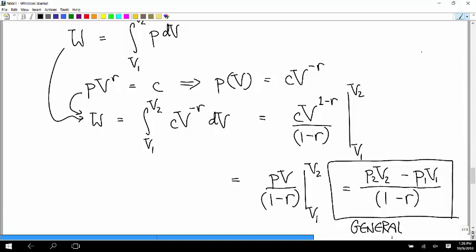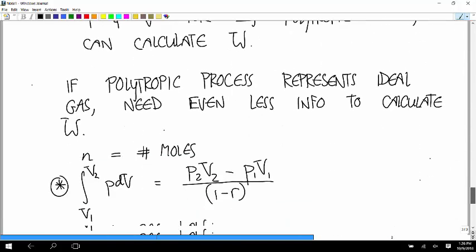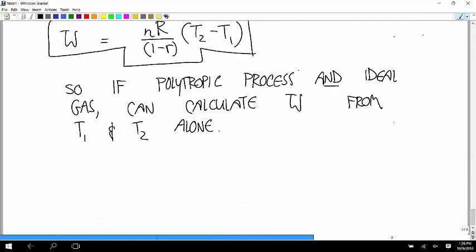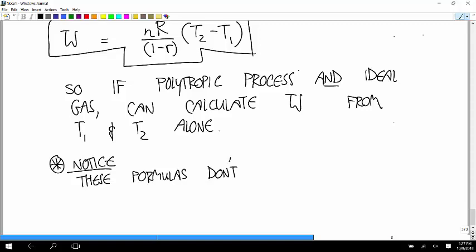So yes, you make an important point. Notice these formulas don't work for R equals 1.